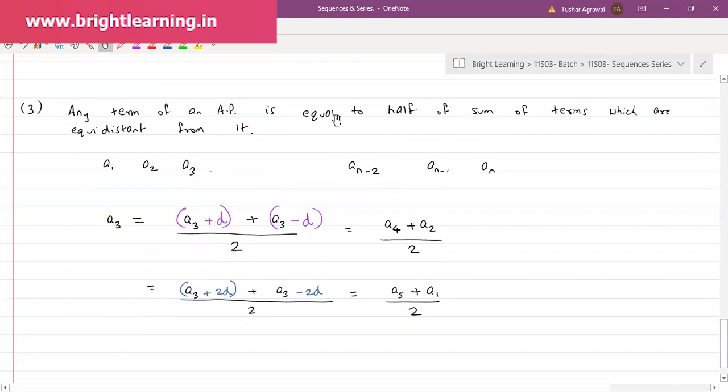So any term is half of the sum of terms which are equidistant. I gave you an illustration with respect to A3. The next term is A4 and the previous term is A2, A4 plus A2, half of that. A5 plus A1, half of that.